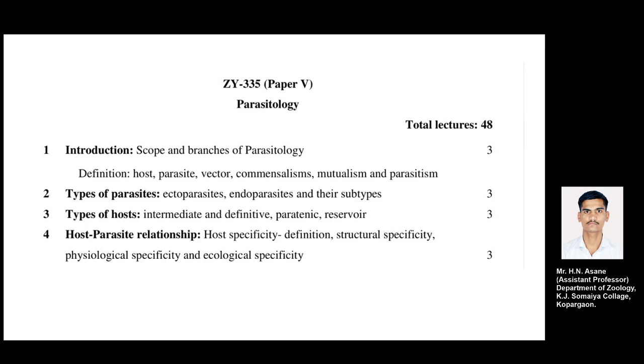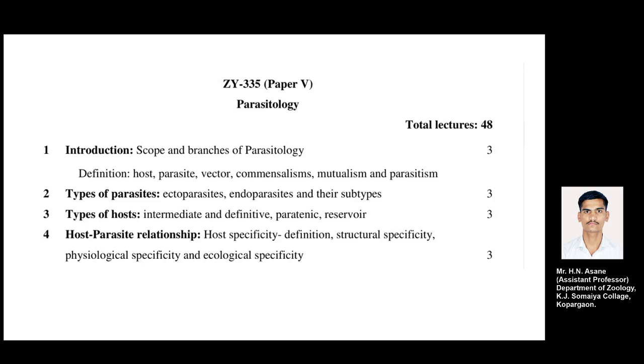In the fourth chapter, named host parasite relationship, we are going to study host specificity. Host specificity is the most fundamental aspect of parasitism, the adaptability of species of parasite to certain specific groups of host.